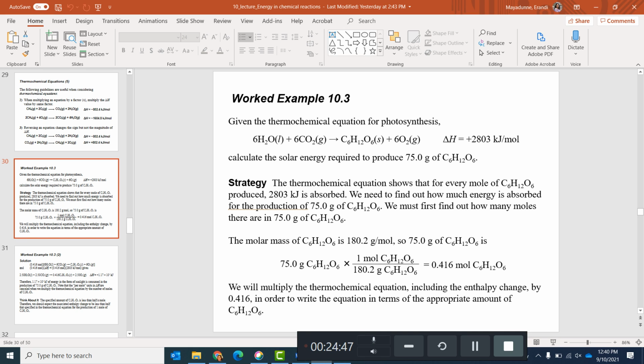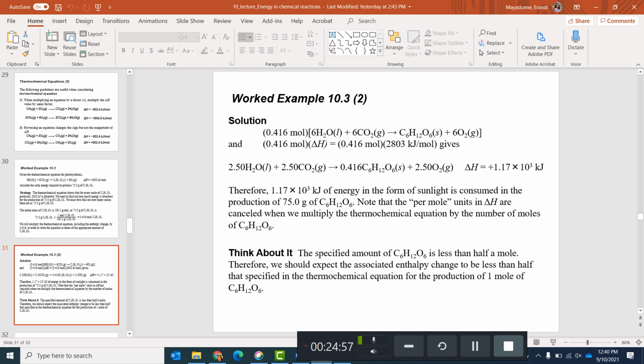But now, the very first thing is you find the number of moles. Once you find the number of moles, I got 0.416 moles in 75 grams. So I just multiply these two with 1 mole produced. Okay, I'll do it this way. I'll show you in a minute.